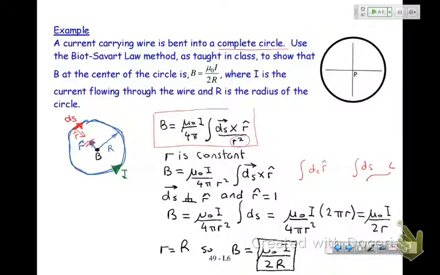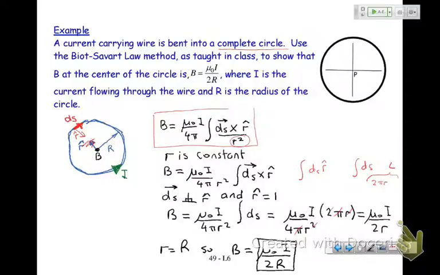Well, I know because I learned my equations at the beginning of physics 1 that the circumference of a circle is 2 pi r. So that means this is going to be 2 pi r. Then cancel, cancel. The pi goes with the pi, one of the r's goes with that, the 2 goes with that.